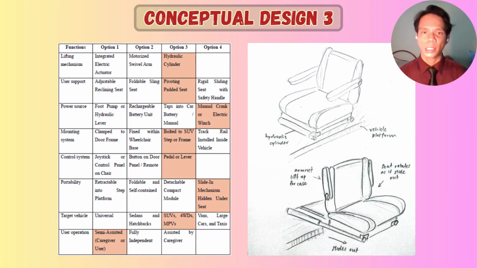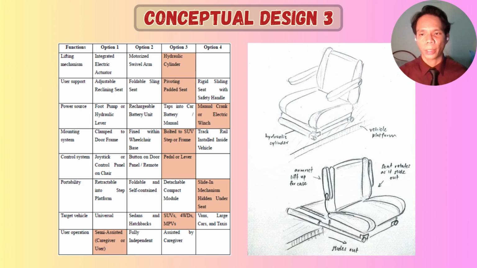So this is the last conceptual design. It has a hydraulic ladder. The seat is pivoting with a padded seat. It will use a manual crank or electric winch, and this design is bolted to the SUV step or frame. It has a pedal or lever for the control system, and the mechanism is slide-in with the hydraulic cylinder hidden under the seat.